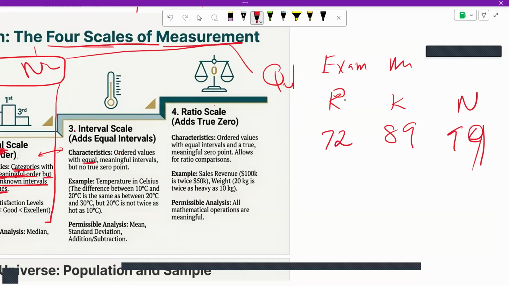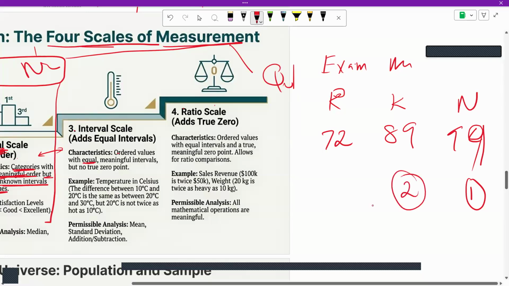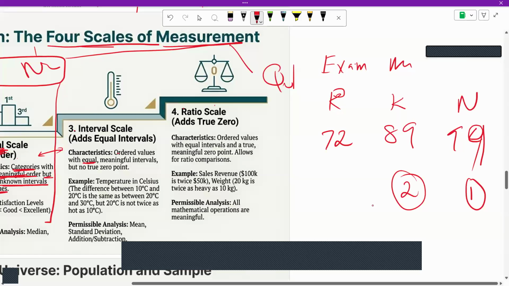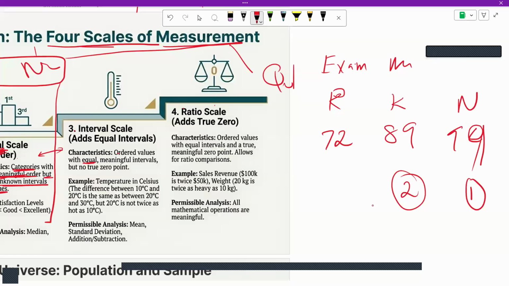Nimal, Kumar, or Ravi? It's your time. Nimal. Very good. Nimal, rank number one. Rank number two? Kumar, very good. Rank three?